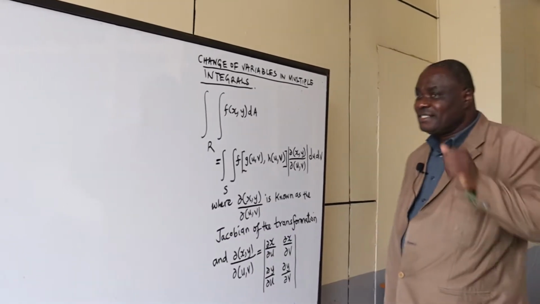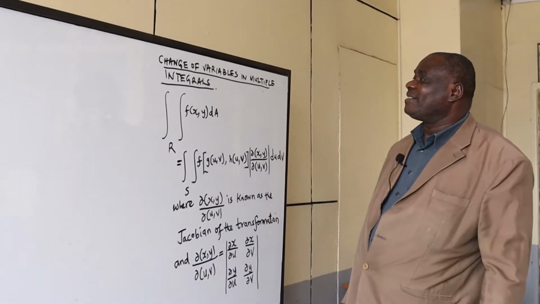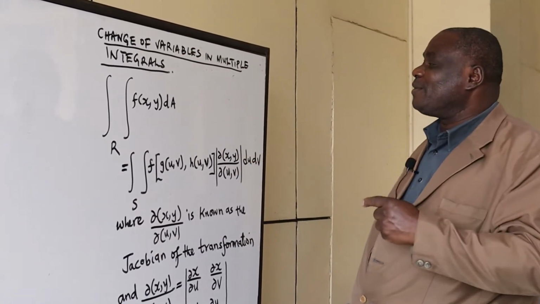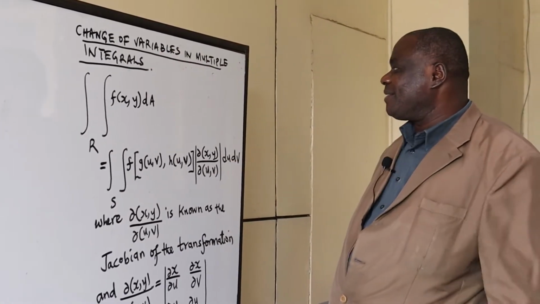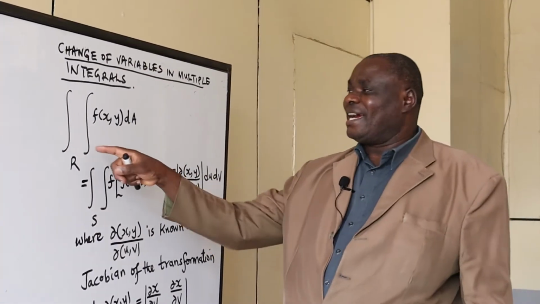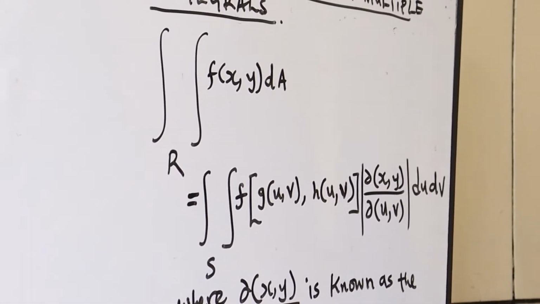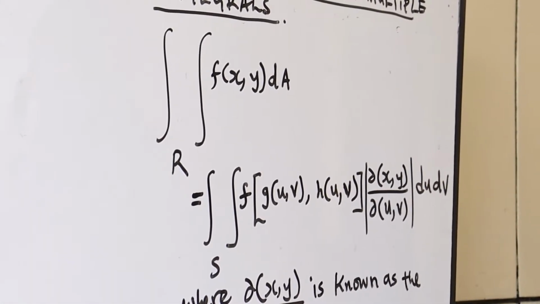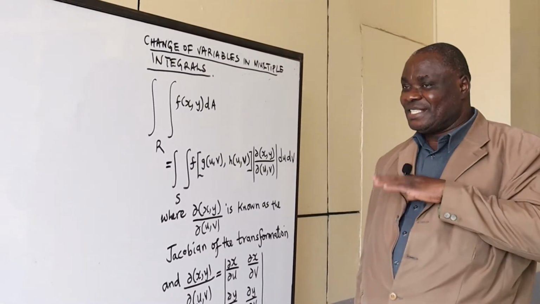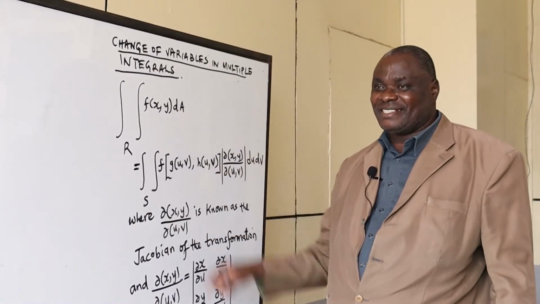So today, under our multiple integrals, we said we are going to go through change of variables in multiple integrals. Now, you can have a region R which you might not come out with as a single integral using the same region, whether you are doing dx dy or dy dx.